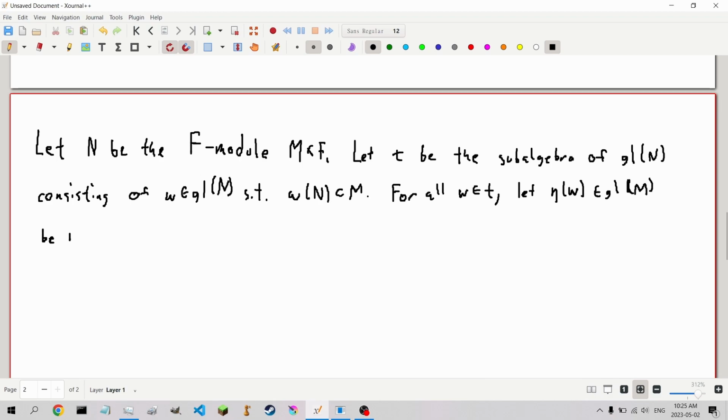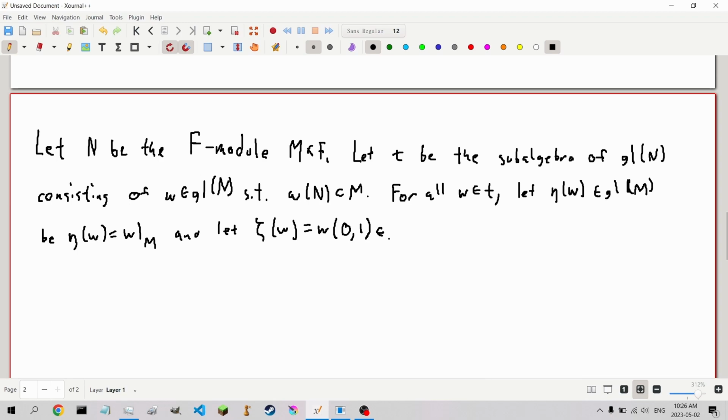B, and this is just going to be the restriction of W as a function to M. And we're going to let our other side be equal to just evaluating W on (0, 1). Since W has to be linear, essentially we can extract how it works across F from this one element.